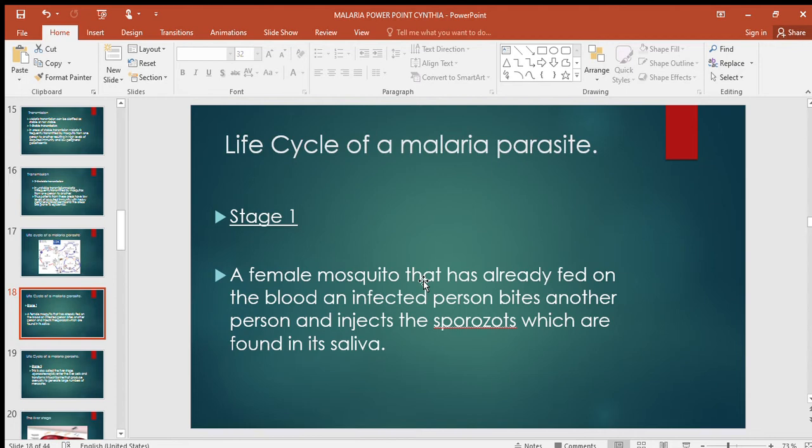So an infected mosquito, with parasites within it, will bite a person who is not infected. As it bites that person, it will introduce sporozoites into the person's body. That's stage 1.